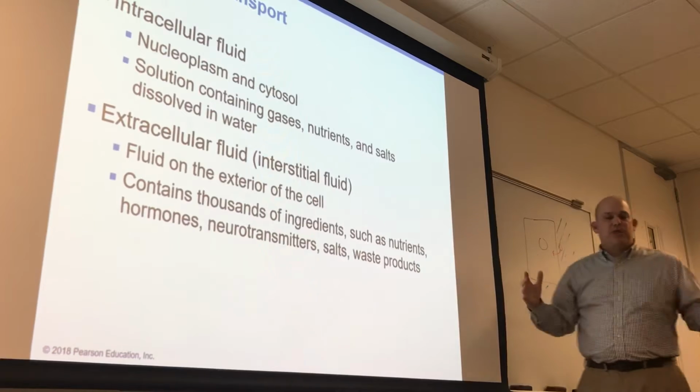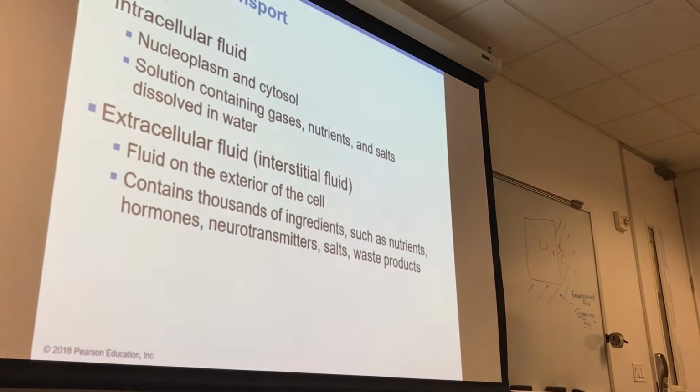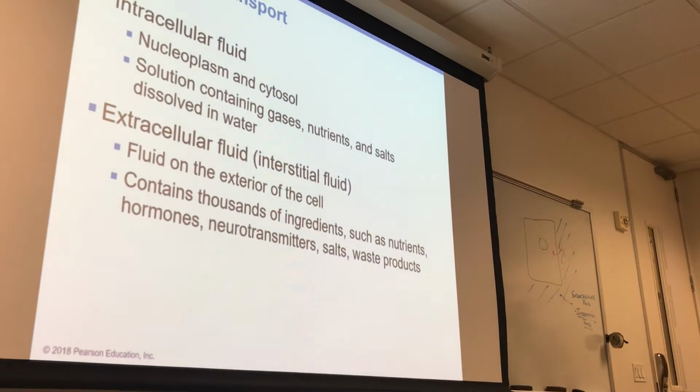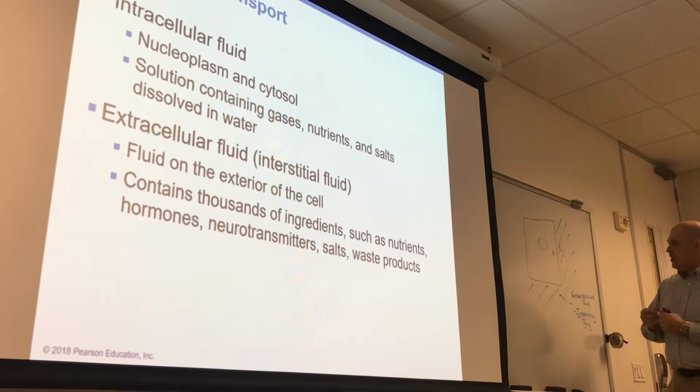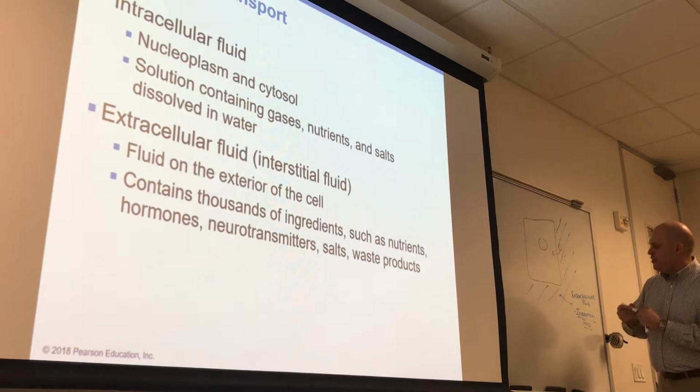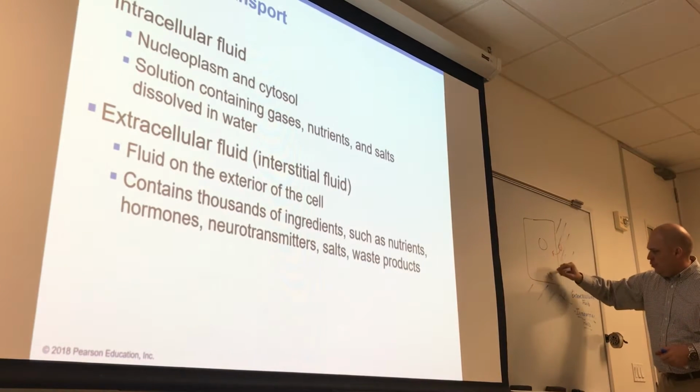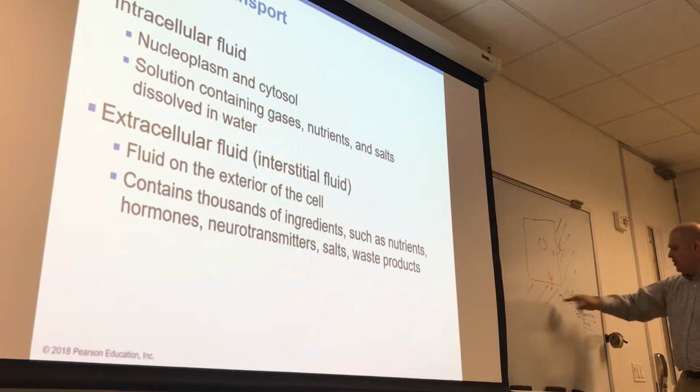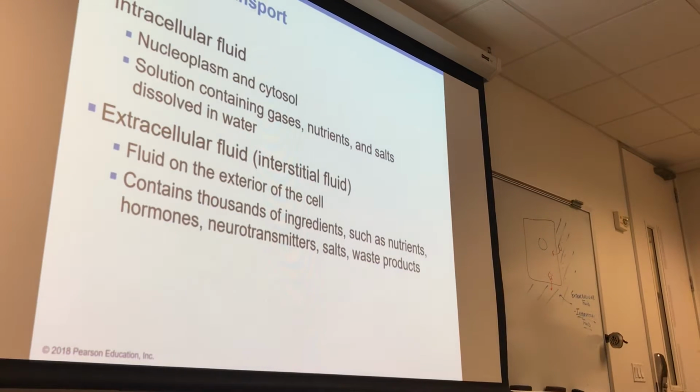Ultimately, this is where we're trying to move materials, and on the same token, when the cell does its various processes, depending upon what type of cell we're talking about, it produces waste material. It produces carbon dioxide, it produces metabolic waste, and that metabolic waste, when produced, will exit the cell, enter the extracellular fluid, and then we move it into the bloodstream, or we move it into the lymphatic system.